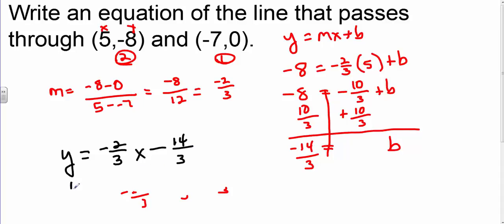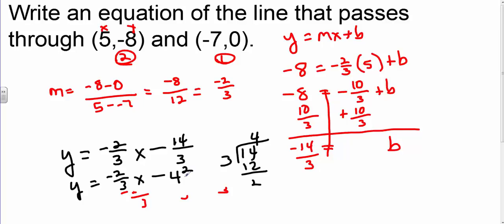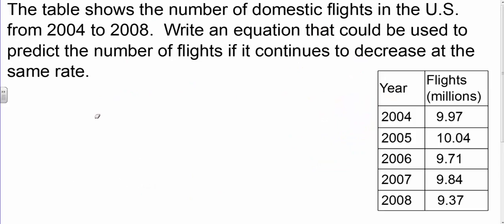So we'll write y is equal to -2/3 x minus 14 divided by 3 gives us 4 with 2 left over, so that's 4 2/3.